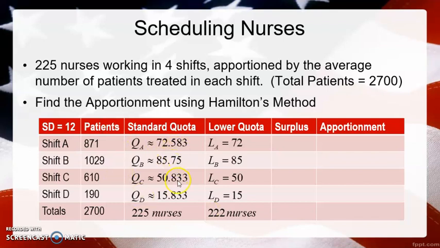So we go back and look at the residual, or the residue, and we see that for A, we have 0.583. For B, it's 0.75. C is 0.833. And D is 0.833 as well. So you will notice that these two are the same, and they are in fact higher than either of the others.